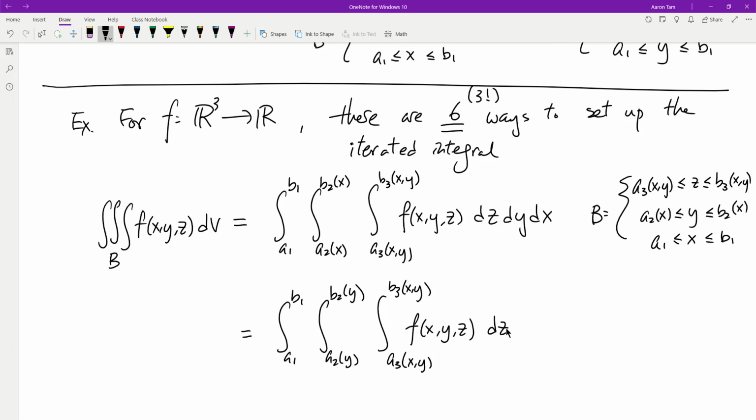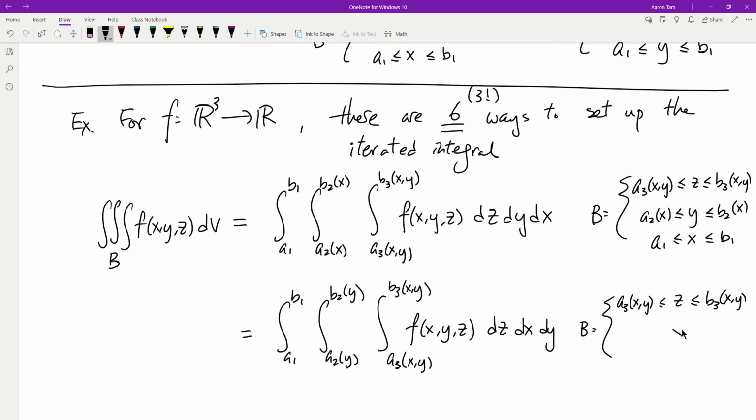The middle one involves y, so it has to be dx, because z is gone and I only have x and y, and since the limit involves y, it cannot be y itself, so it has to be x. And the outside one is y. So this one describes the region as a3(x,y) between z and b3(x,y).